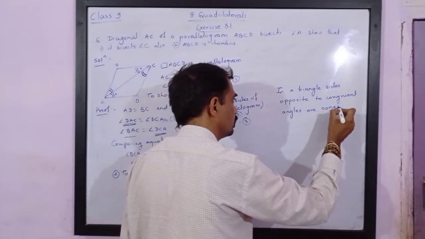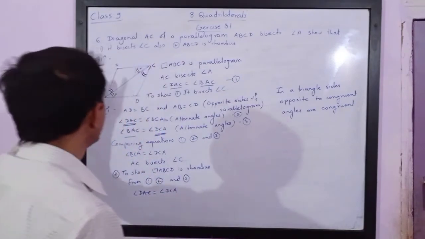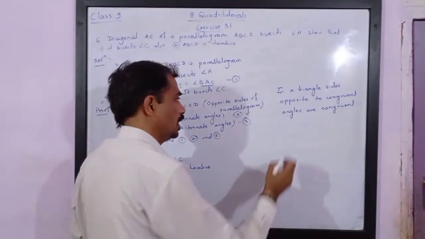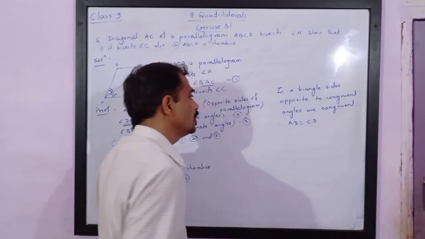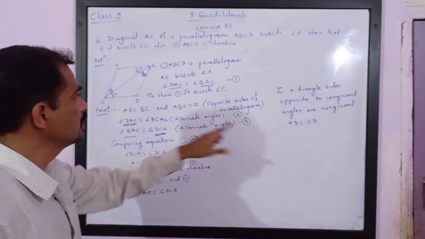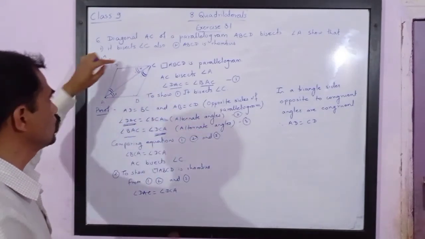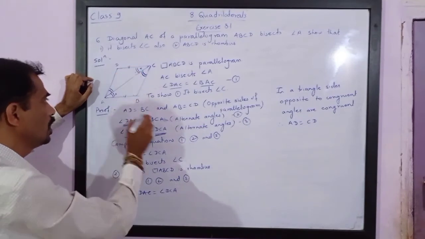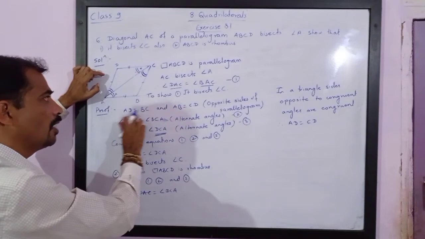Therefore, we can say that AD equals CD. But we have already said AD equals BC and CD equals AB. These two are equal, and AD equals BC. This we have already said.